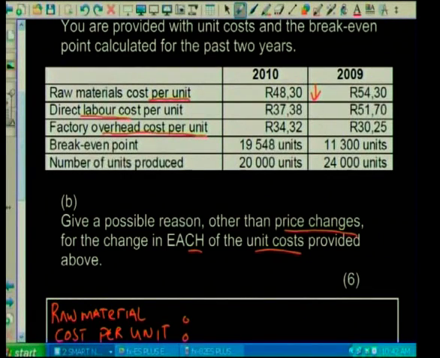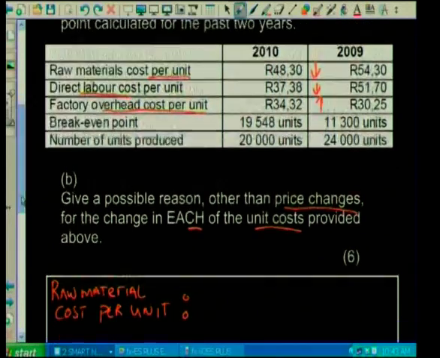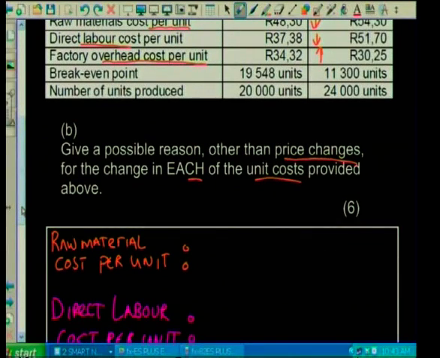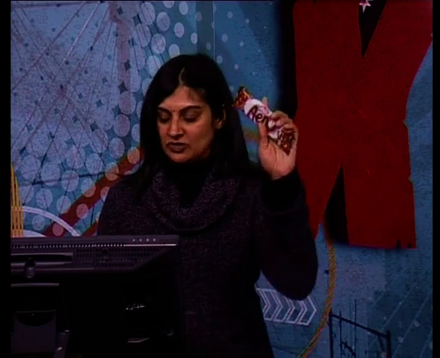We've already established that direct material cost per unit decreased, direct labor cost also decreased, and factory overhead cost on the other hand went up, it increased. So let's look at a possible reason other than price changes. We can't give price changes as our reason. Let's start with our raw material cost per unit. It has obviously decreased, and we now need to give a reason as to why it would have decreased. Now remember guys, if I'm going back to my chocolate, back to the Aero chocolate.